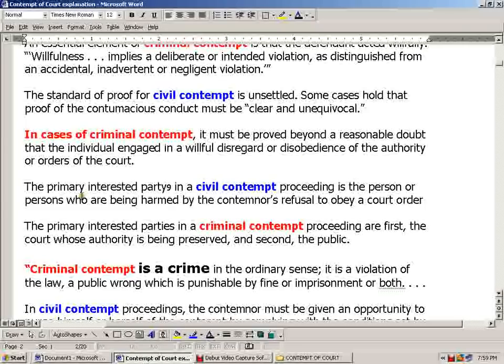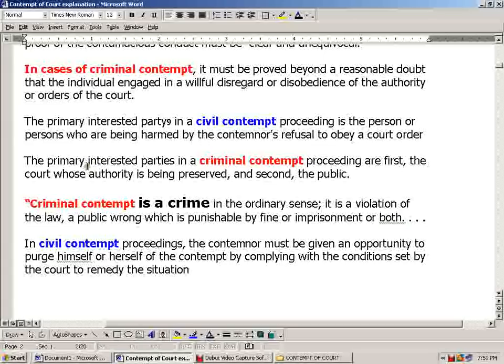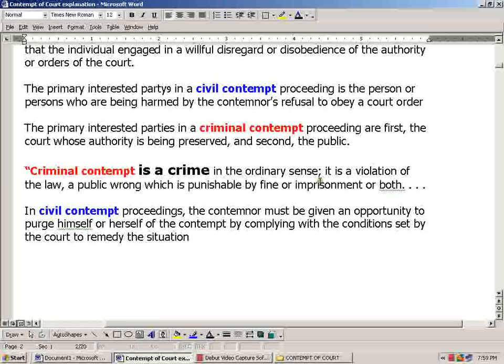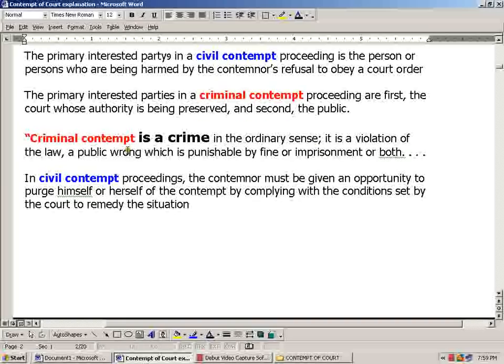The primary interested party in a civil contempt proceeding is a person or persons being harmed by the contempt. The primary interested parties in a criminal contempt are first the court, whose authority is being preserved, and second the public. Criminal contempt is a crime in the ordinary sense. It is a violation of law, a public wrong, which is punishable by fine or imprisonment or both.